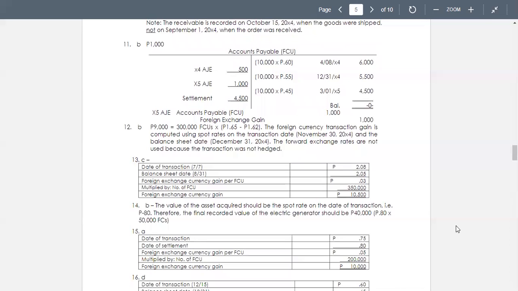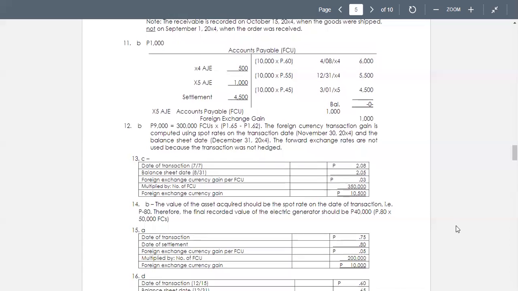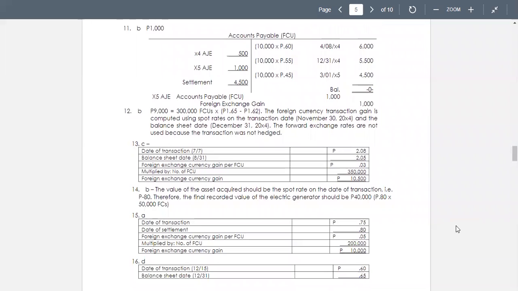Number 15: by the settlement date, what's the total exchange gain or loss recorded for the transaction if the two transaction method is used? So in number 15, at the date of transaction, the rate is 0.75. Then at the date of settlement, the rate is 0.80.